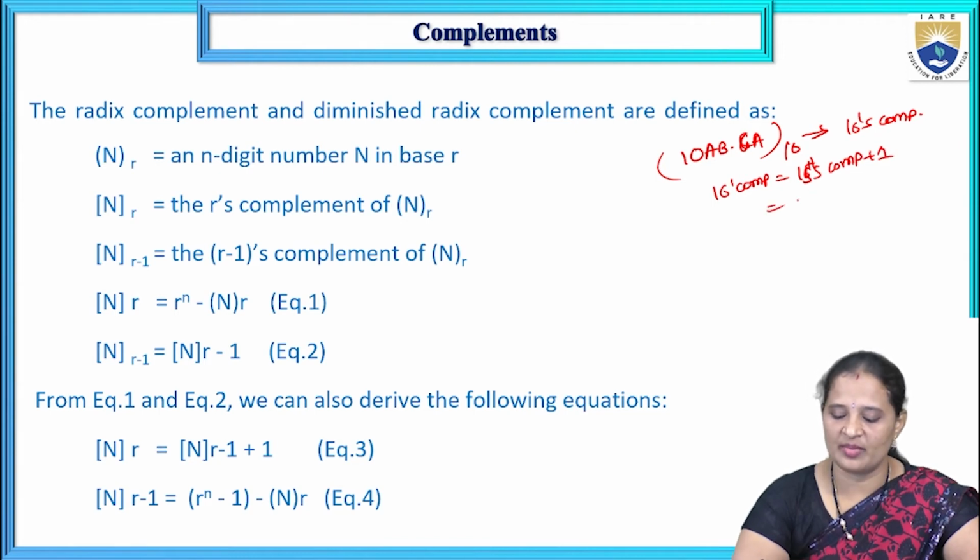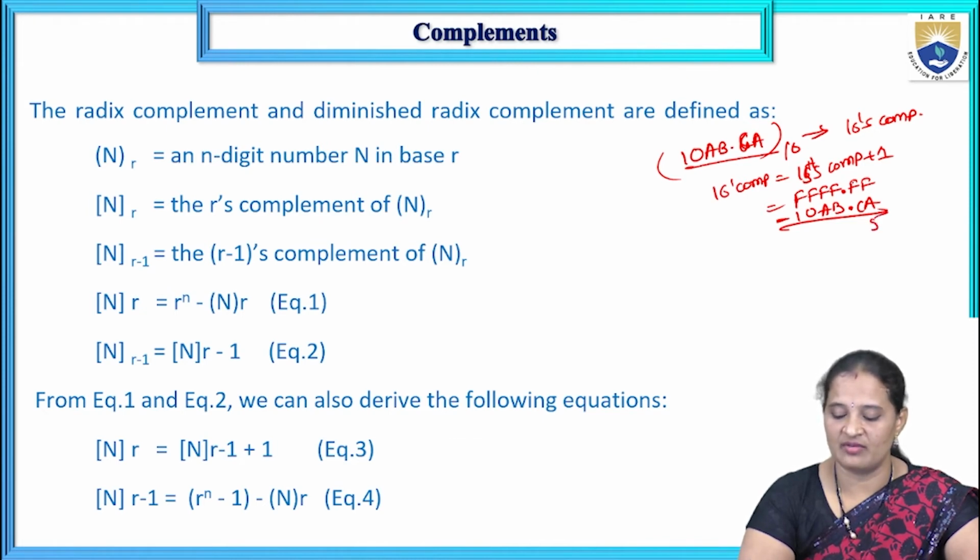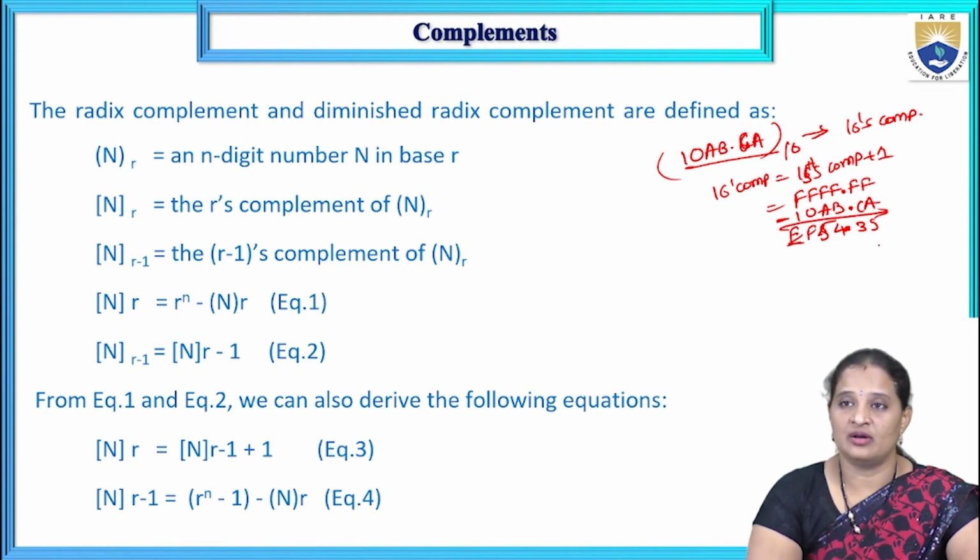What is the 15's complement? 15's complement is FFFF.FF, because 6 digits we have, 10AB.CA. So how much will I get? 15's complement: F minus A, 15 minus 10 is 5. 15 minus 11 is 4. 15 minus 12 is 3. 15 minus 1 is 14, and 14 is represented as E. F is 15. So this is my 15's complement.